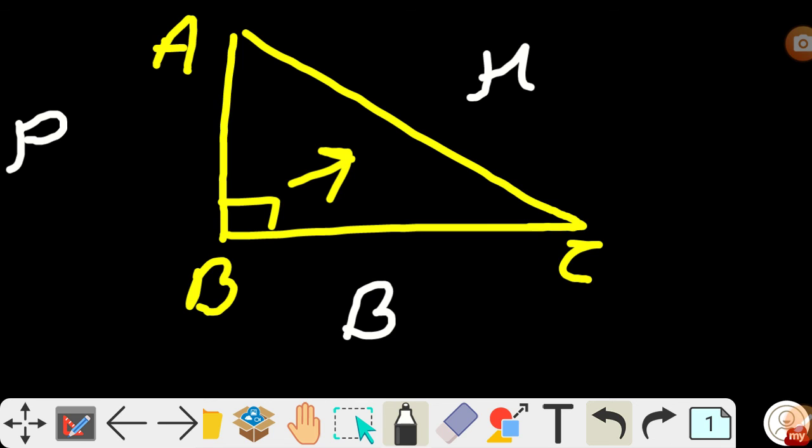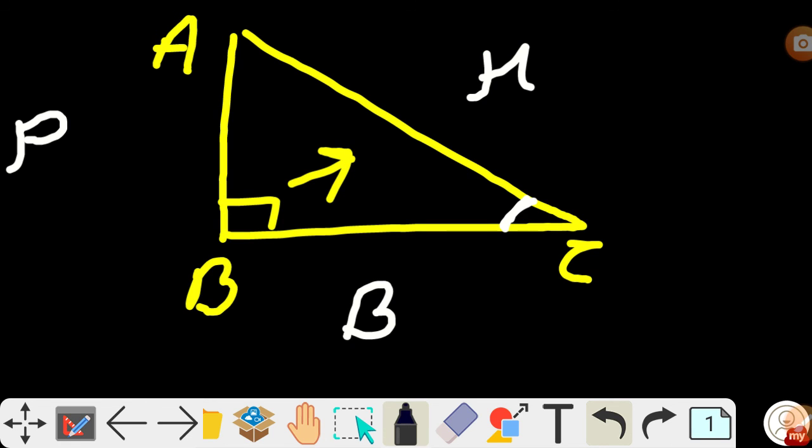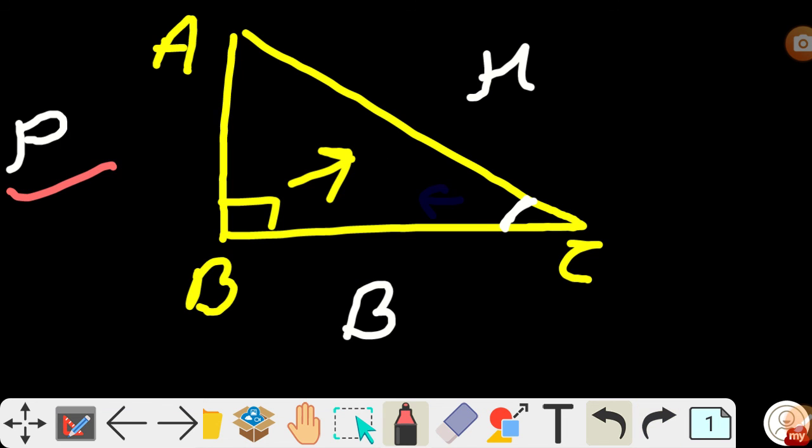And if you consider this angle C, then the side in front of angle C becomes the perpendicular, and the other side automatically becomes the base.